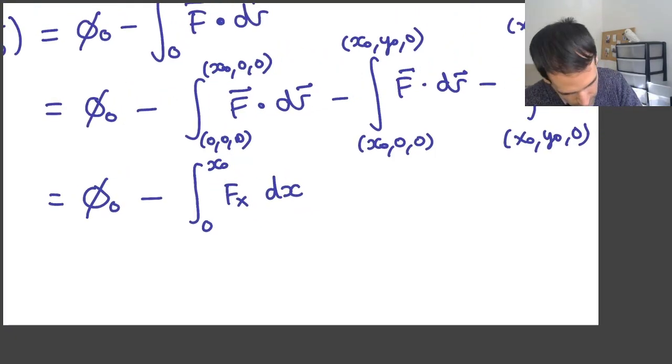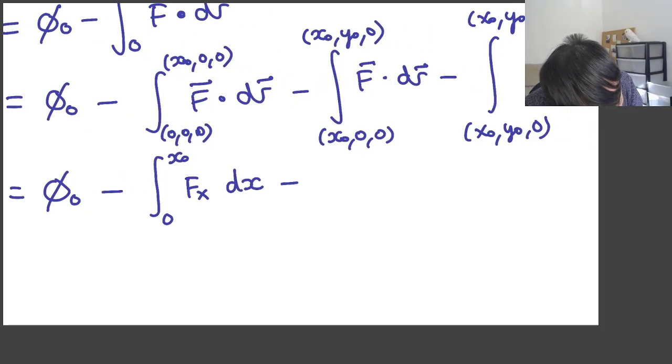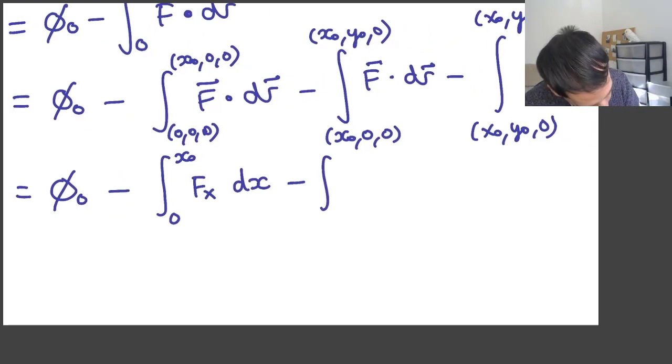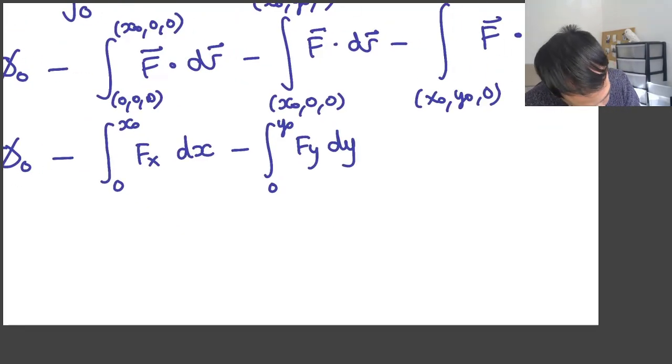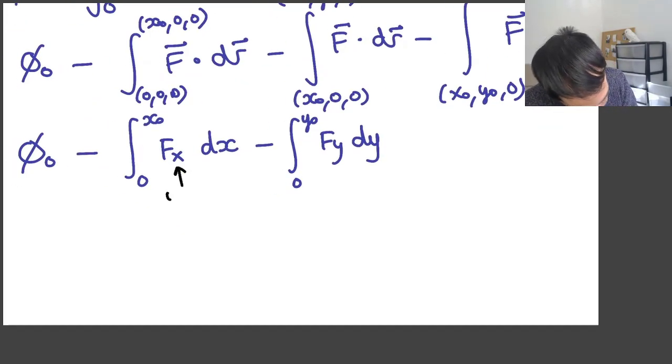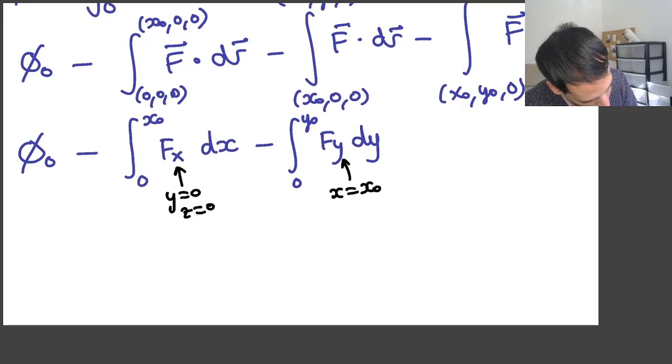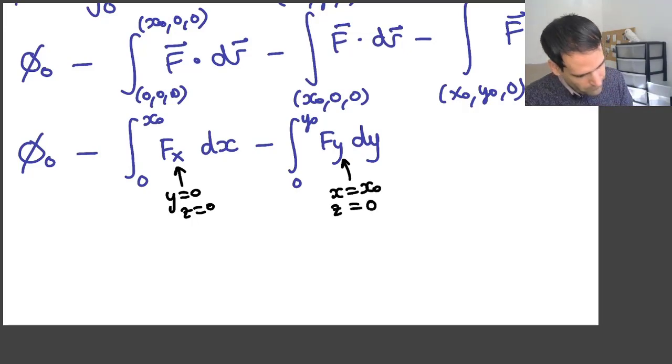The next integral will be the integral from 0 to y0 of fy dy, but here we are going to keep x equals x0 and z equals 0. In the first integral we keep y equals 0 and z equals 0.